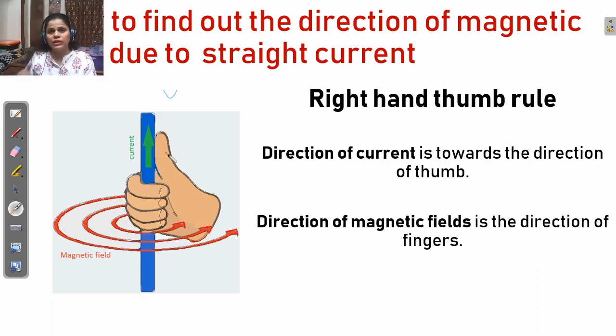If your thumb direction is upward, the direction of the current flowing is upward, in the direction of your thumb. And the direction of the magnetic field is in the direction of your fingers. Understand?